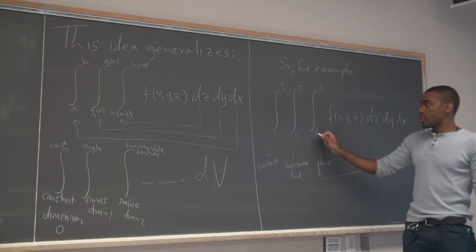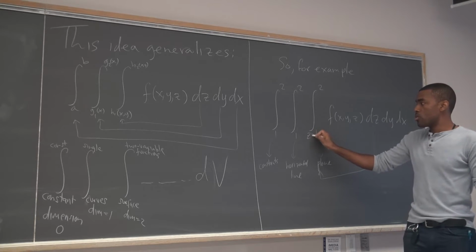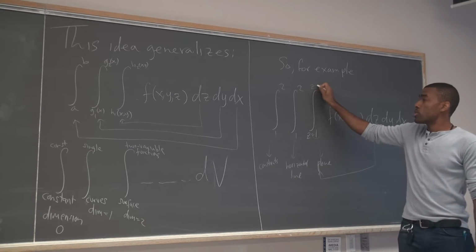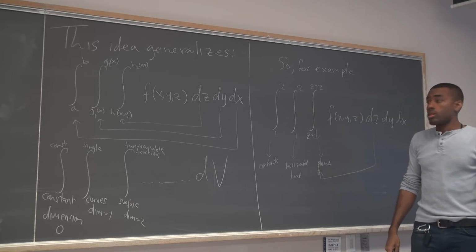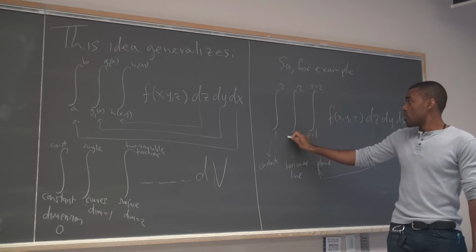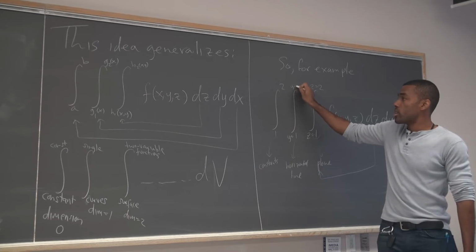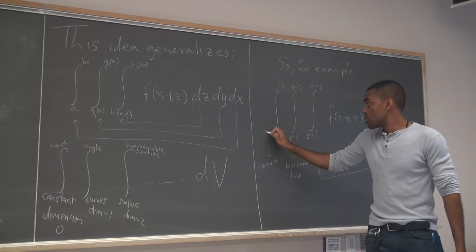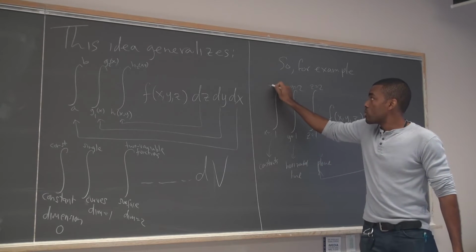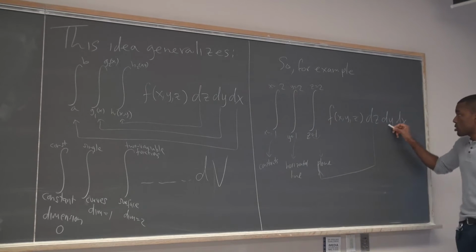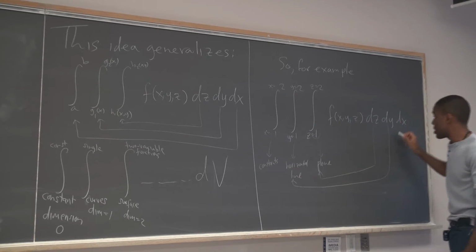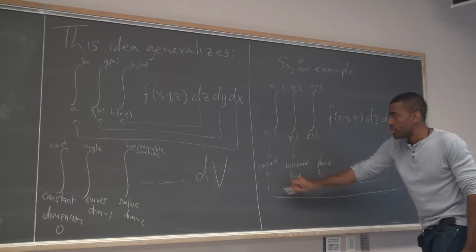So this you can think of as the plane z equals 1 and z equals 2. Here you can think of this as the line y equals 1 and y equals 2. And here you have x equals 1 and x equals 2. Right? So the variables will tell you how you can set up the function. That's also going to be very important.